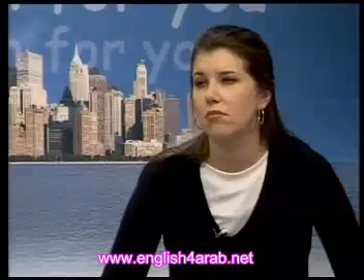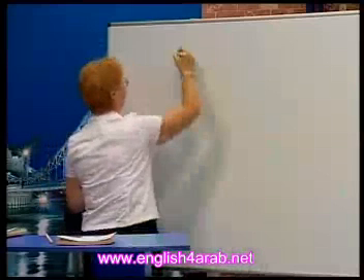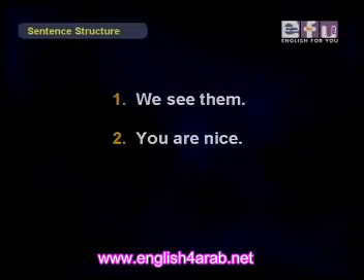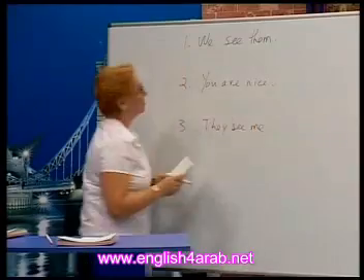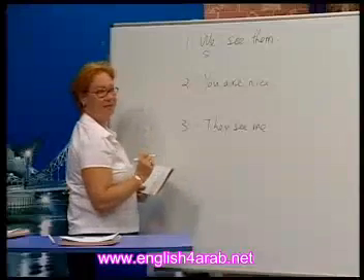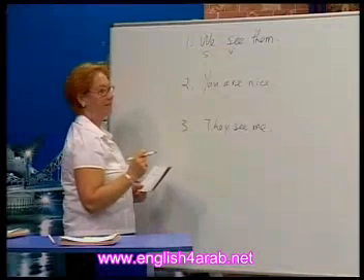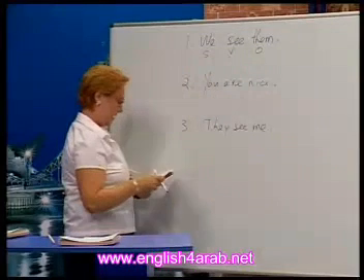Okay, now a little bit more practice. Get 3 more sentences and then you can tell me what they are. Okay, here's one. And here's the third one. Okay, Lisa, you do number 1. We is the subject. See is the verb. Them is the object. Yes, good. Okay.